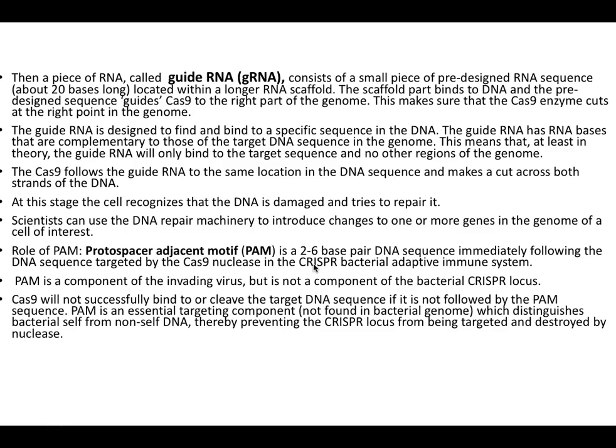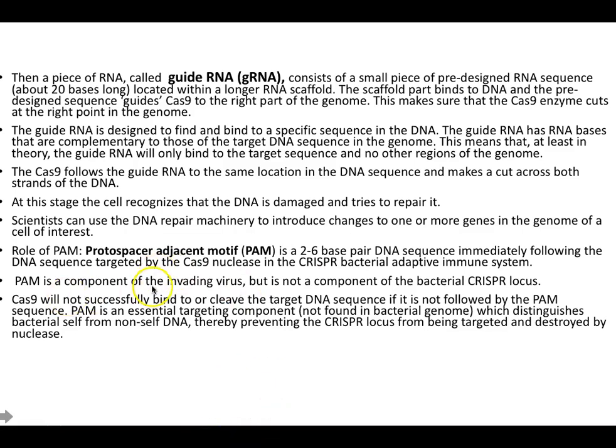So the PAM will guide the nuclease to that PAM site, which says to the guide RNA that this is foreign, this is different, this has to be cut and eliminated or repaired or whatever. Now, if it's a virus, believe me, they cut and eliminate it.